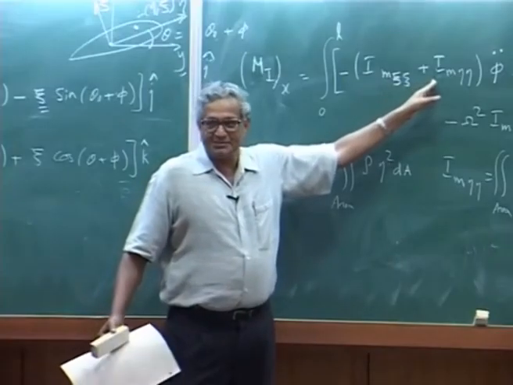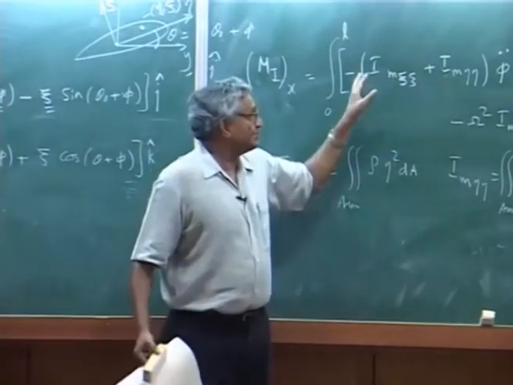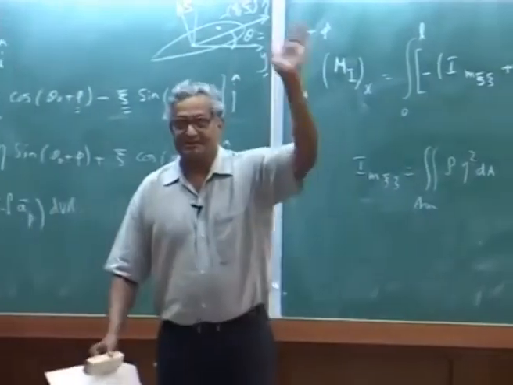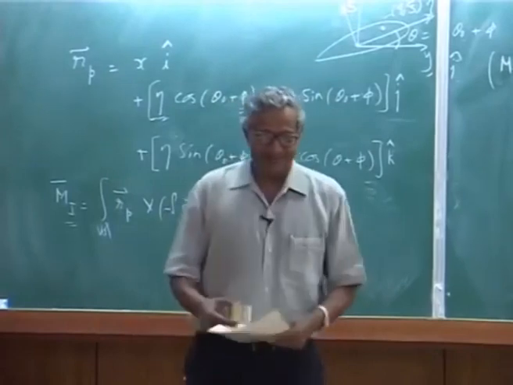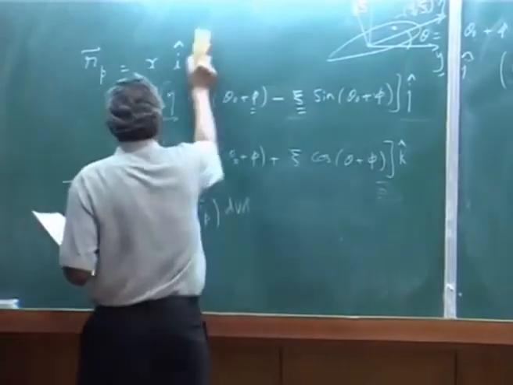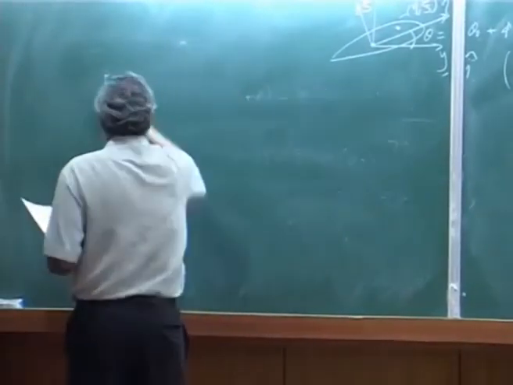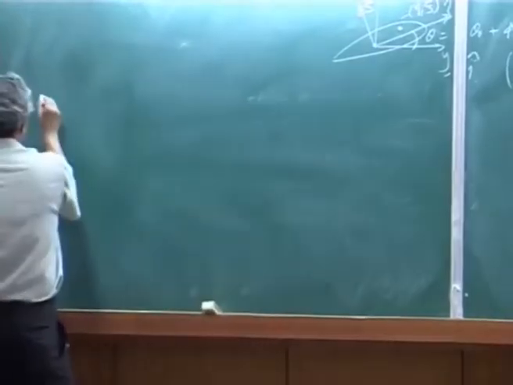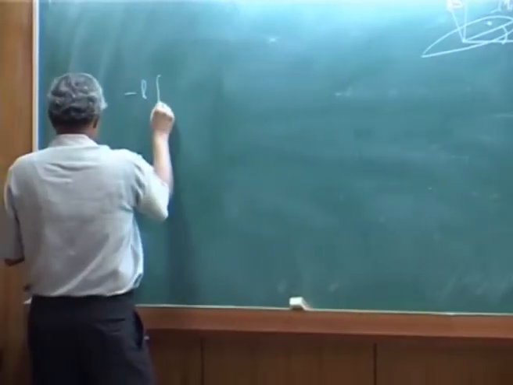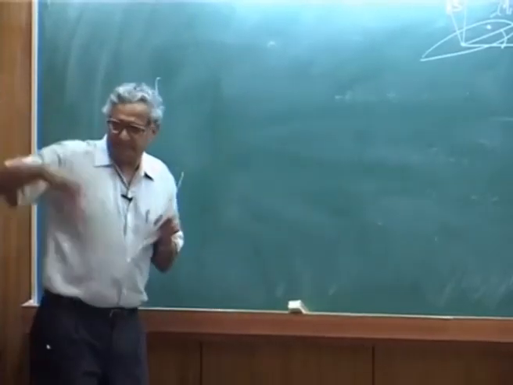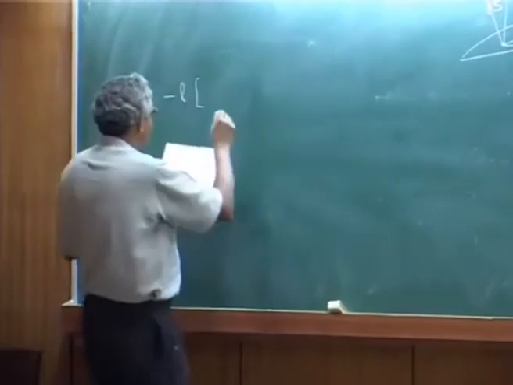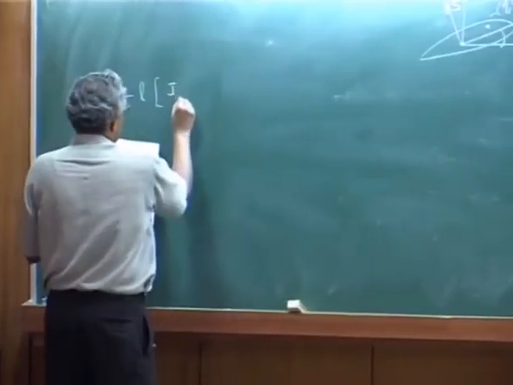Now I have to make an assumption that these properties are constant along the span, then it becomes easy for my integration. Okay. So I assume that the properties are constant, and my equation becomes minus L. L is the length of the blade, right from the root to tip you can take it.